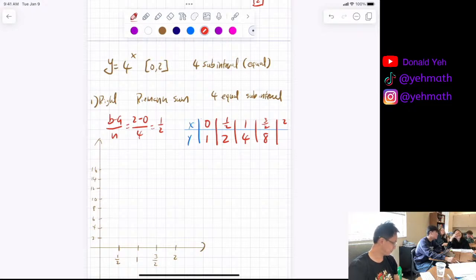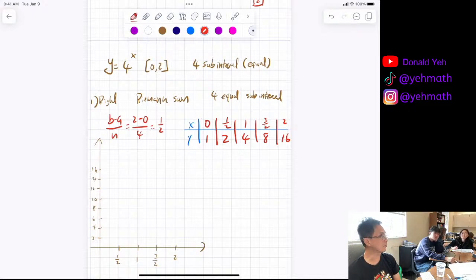Root of 8, right? Is it square root of 8? No, it's 8. Okay, and 4 squared is 16. So then we're going to use the right Riemann sum.